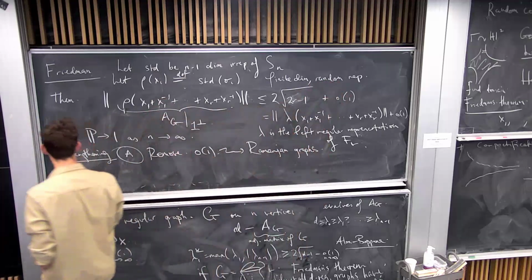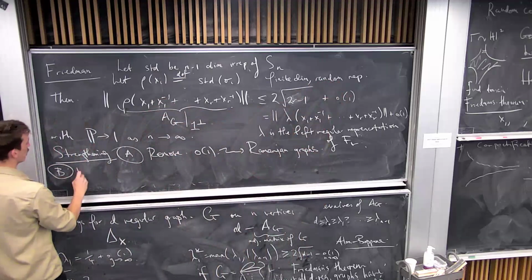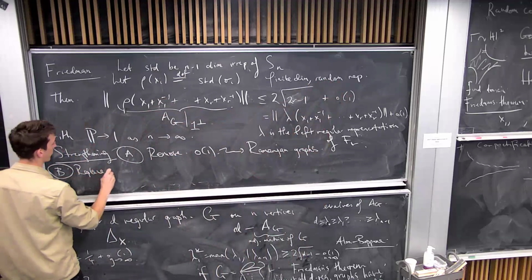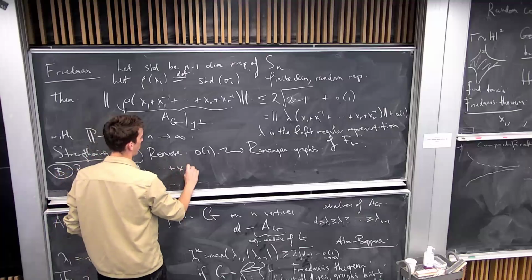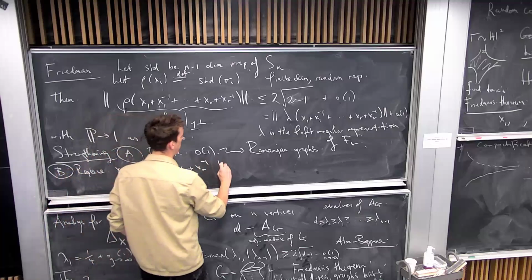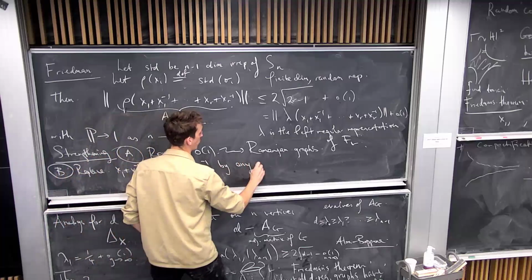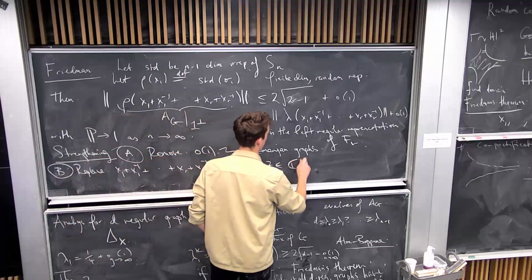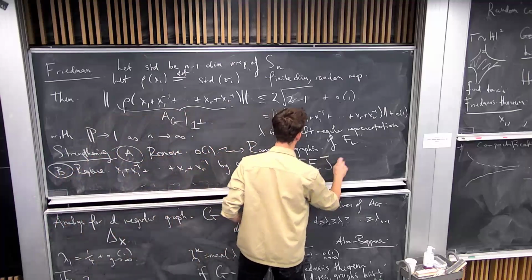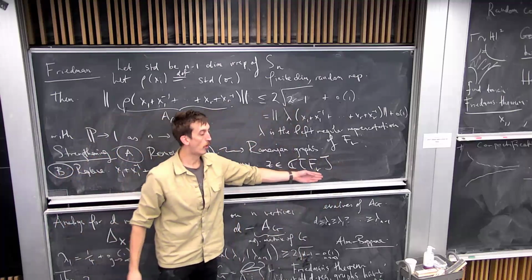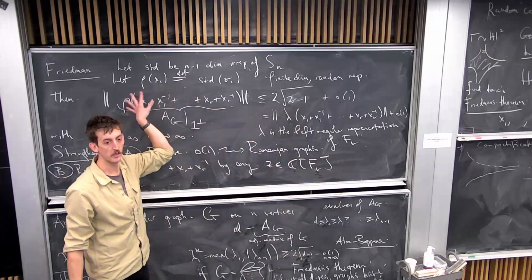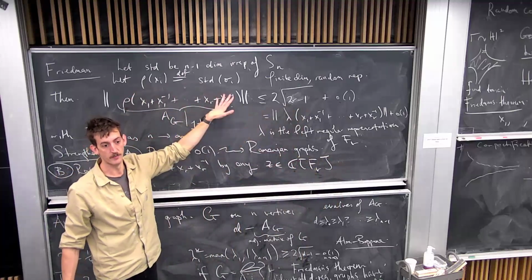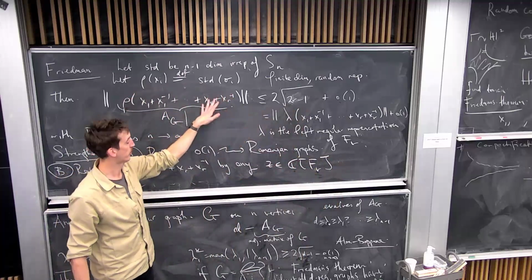That's not what we're going to do. We're going to do this. We're going to replace x1 plus x1 inverse plus ... plus xr plus xr inverse by any element of the group ring of the group. So this is all formal linear combinations of elements of the group. It just so happens to be the generators and their inverses, not a very interesting one.